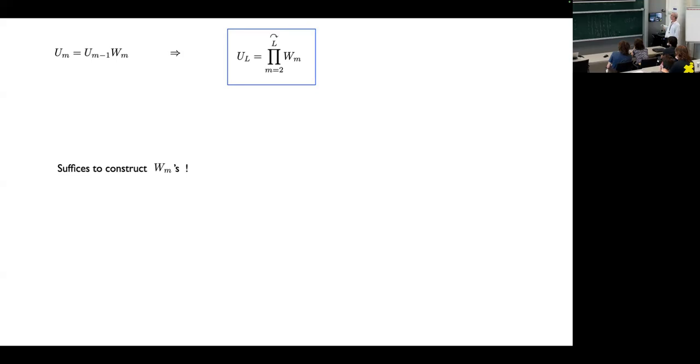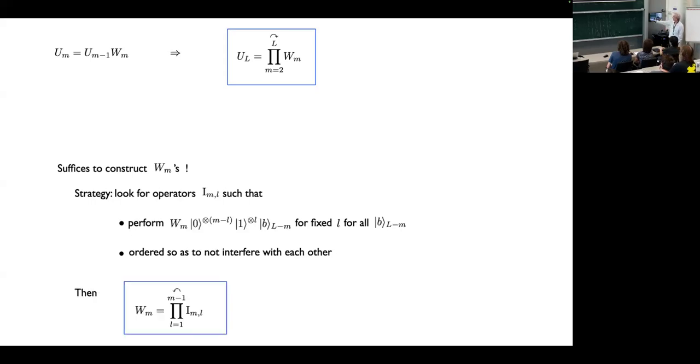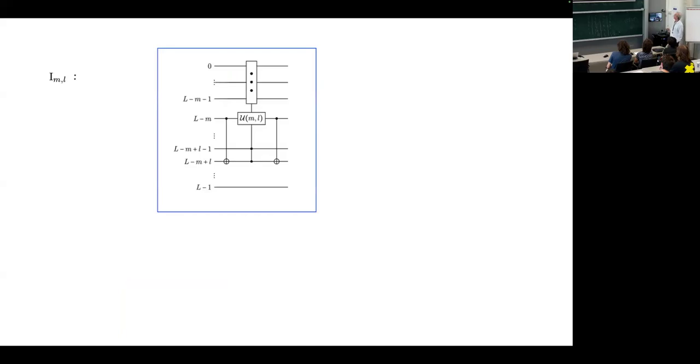And so it suffices to construct the W's. And then again, I'm going to look for some simpler operators which perform the job of W. I'm going to have to go a little fast now, I'm sorry, but it's similar to what you've seen before. So W in terms of these I's, an ordered product. So it suffices to construct the I's. And then this is the circuit.